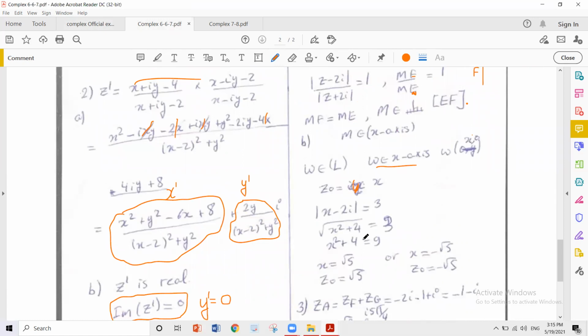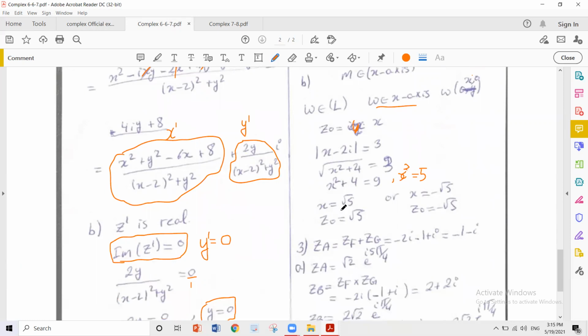Squaring the two sides, x squared plus 4 equals 9, meaning x squared equals 5, meaning x equals plus or minus radical 5. Is x equal to radical 5 or minus radical 5? So Z0 equals minus radical 5.